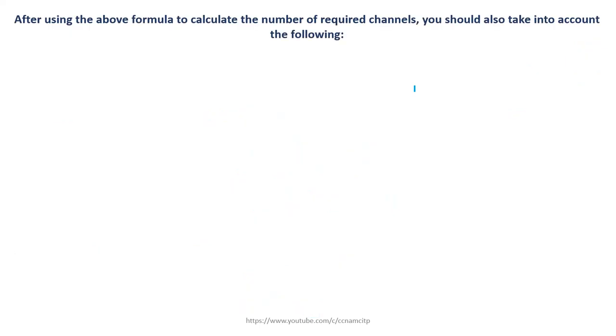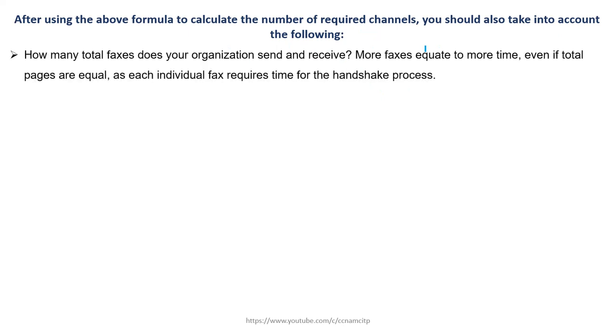So guys, after using the above formula to calculate the number of required channels, you should also take into account the following things. We'll talk about them one by one. How many total faxes does your organization send and receive? You got the formula, but apart from that formula, you have to think about all those things.